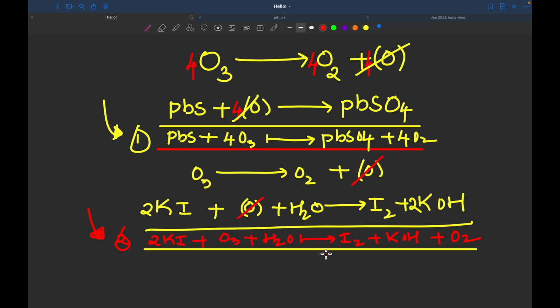The iodine so formed reacts with Na2S2O3, sodium thiosulfate, to form sodium tetrathionate, Na2S4O6, plus NaI. From here we use the sodium thiosulfate to estimate the iodine, right? So the sodium tetrathionate reaction is also used. So these two reactions you should remember for this ozone.